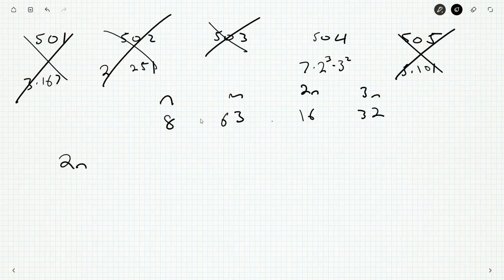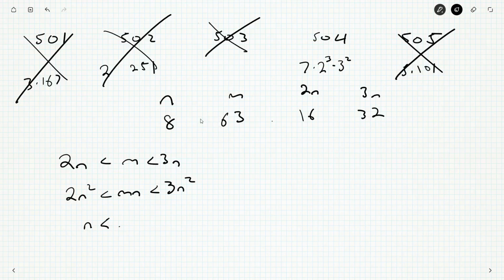Okay. So 2n less than m less than 3n. I did already make this comment, but this sort of helps a little bit to narrow down n. So n's got to be less than or equal to my number, 504, over 2 and square rooted. So 504 over 2 is 252, and what's the square root of 252?